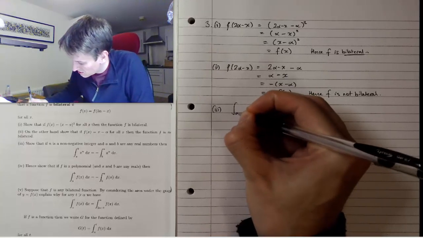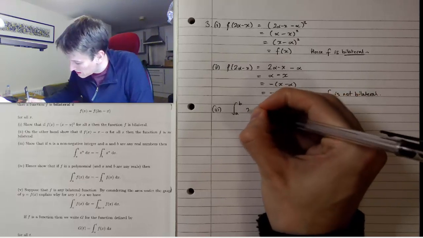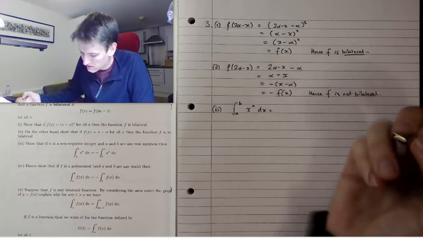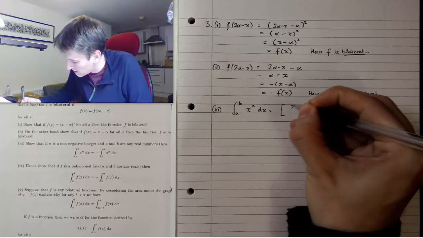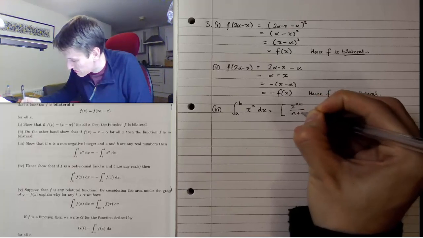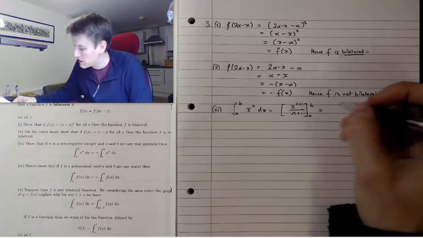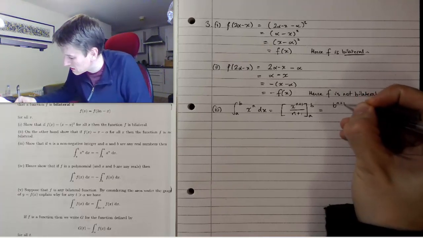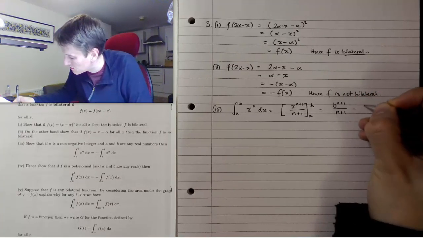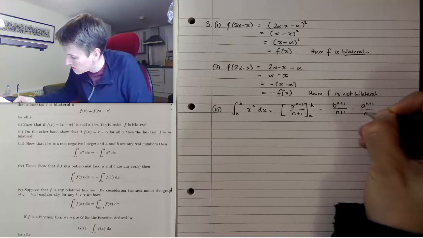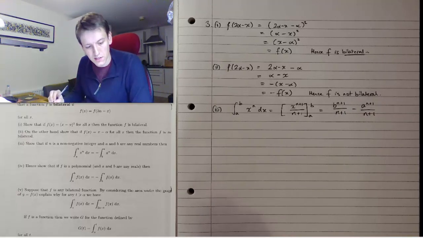So the integral between a and b of x to the n dx, that would be x to the n plus 1 divided by n plus 1, between a and b, so that's b to the n plus 1 over n plus 1 minus a to the n plus 1 divided by n plus 1.